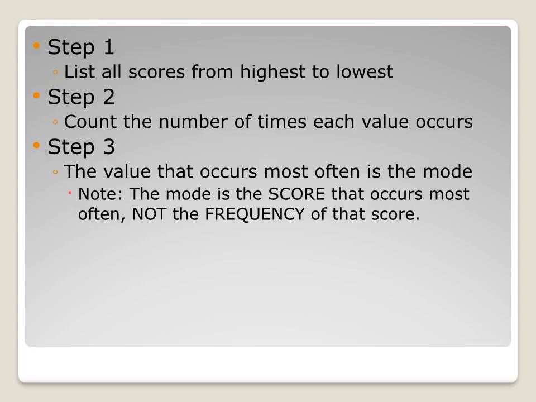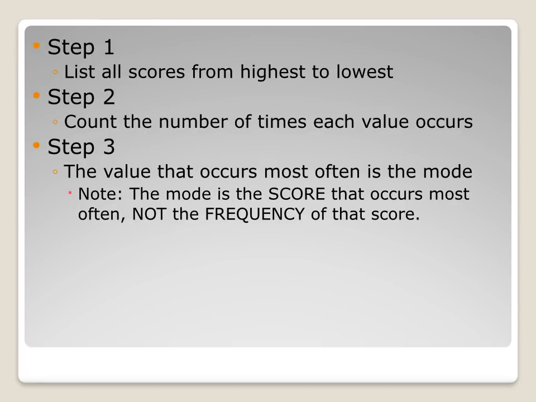The way we find the mode using arithmetic is you list all the scores from highest to lowest, just like you did with the median. Then you count the number of times each value occurs. The value that occurs most often is the mode.